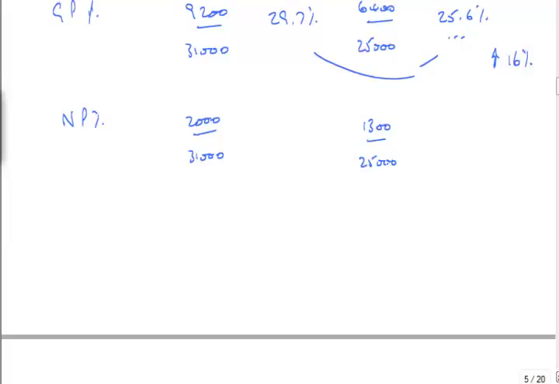So 2 divided by 31 is 6.45%. And 13 divided by 25 is 5.2%. So that's looking good. Yeah, okay. We could look at other things.